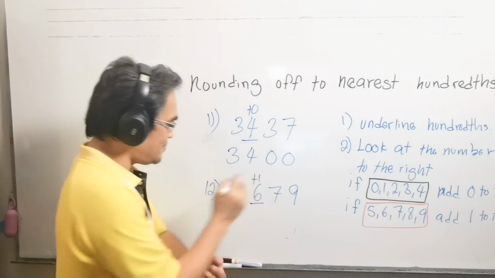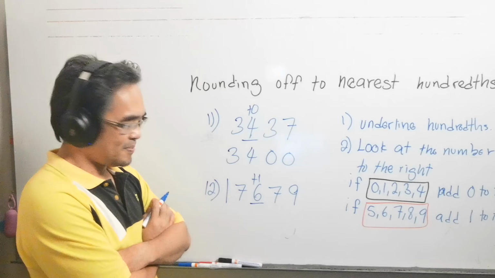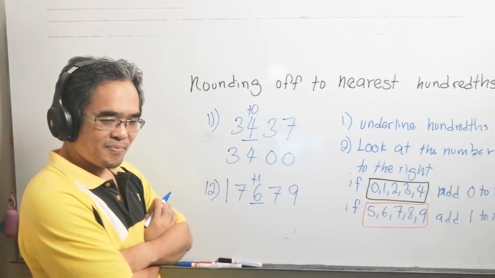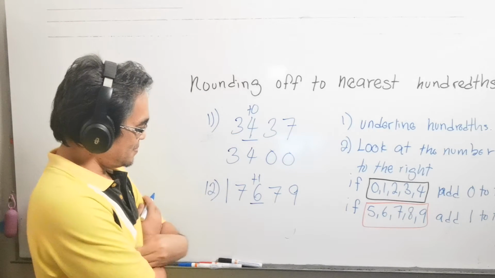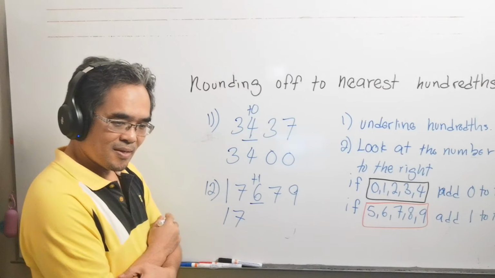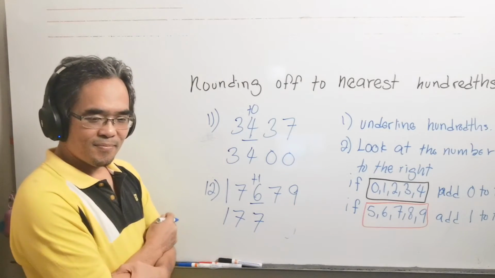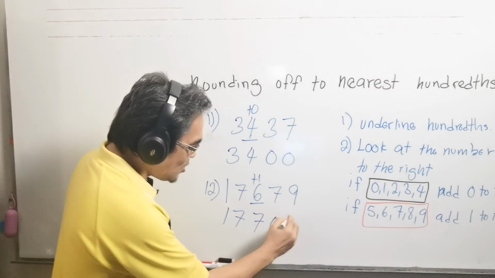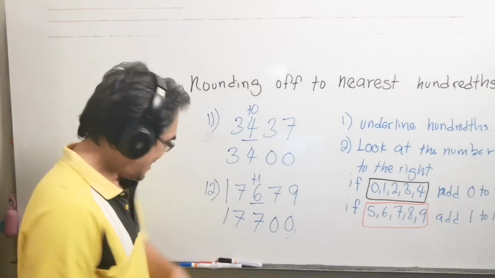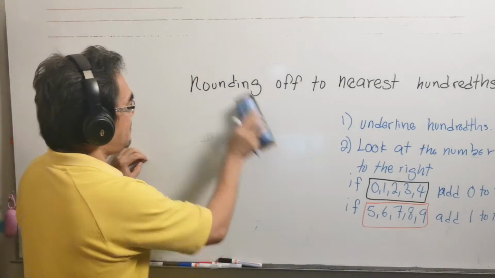Plus 1. That is correct. And 0, 0. Okay. I need to ask you again.